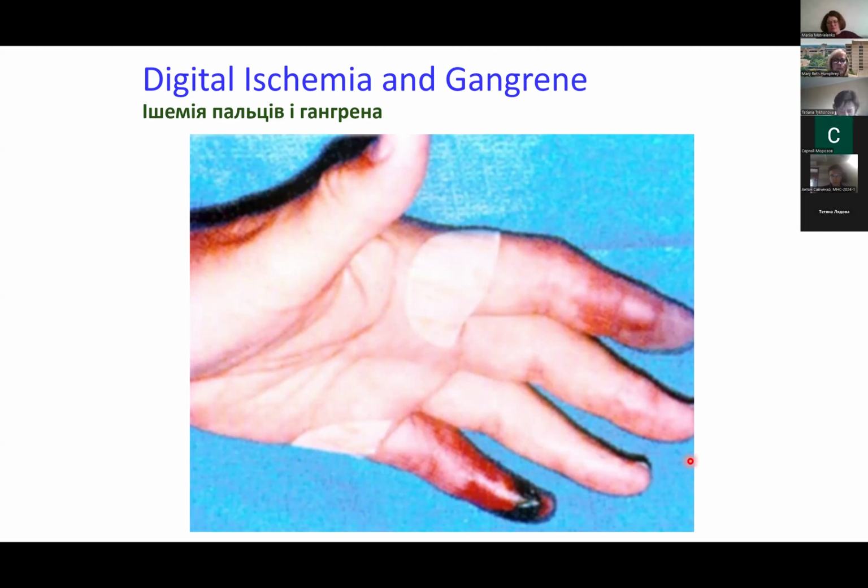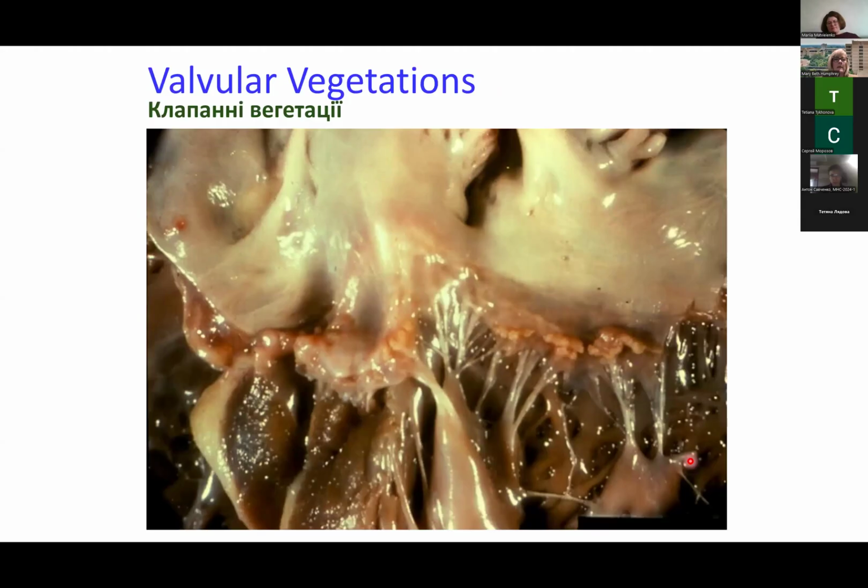So this is pretty typical finger gangrene that you can see with antiphospholipid syndrome. This is from an autopsy of a patient that had antiphospholipid antibodies and antiphospholipid syndrome. And these are the little vegetations of antiphospholipid antibodies and platelets and stuff that are stuck on the valves.